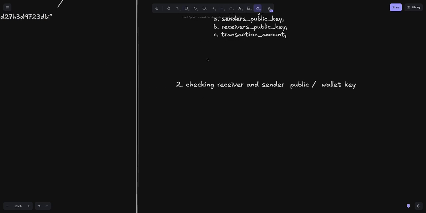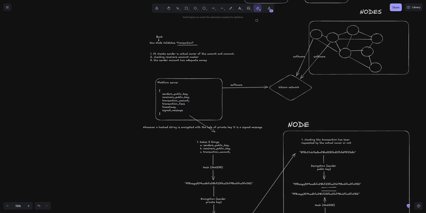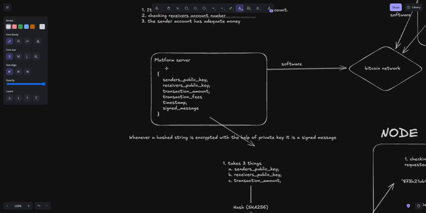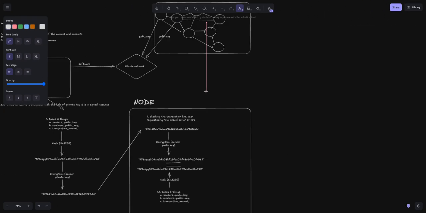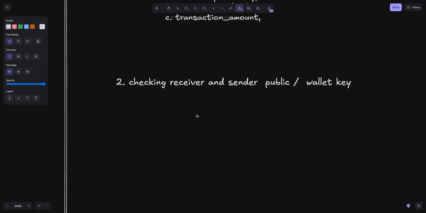After this, we came to the second step, where we checked that yes, the account owner is correct. The correct owner has requested a transaction. The account numbers are correct. Now we will go to the last step, which is whether the sender account has enough money or not. So how do they do that?